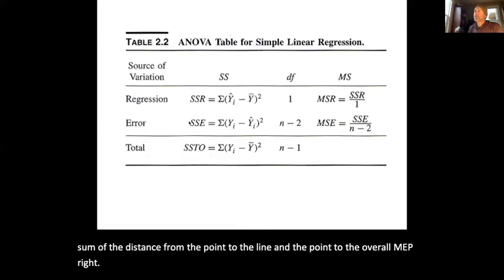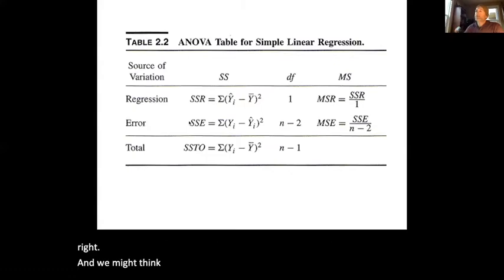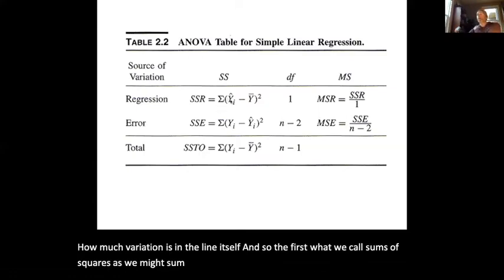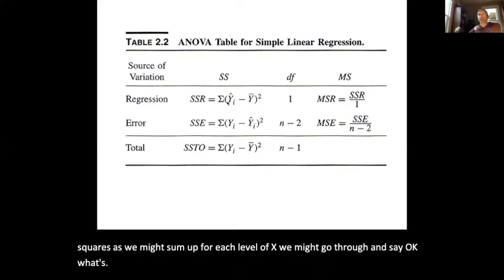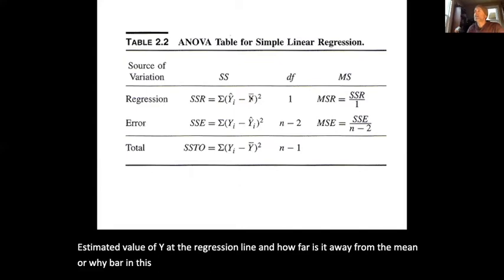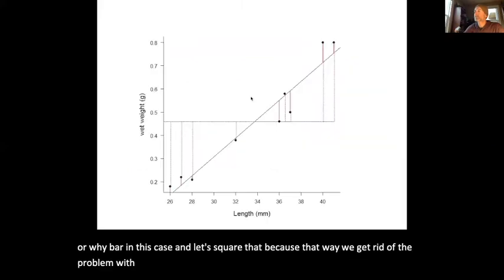And we might think of how much variation is in the line itself. The first sums of squares is: for each level of x, what's the estimated value of y at the regression line, and how far is it from the mean, or y bar? Let's square that, because that way we get rid of the problem with negatives canceling positives.